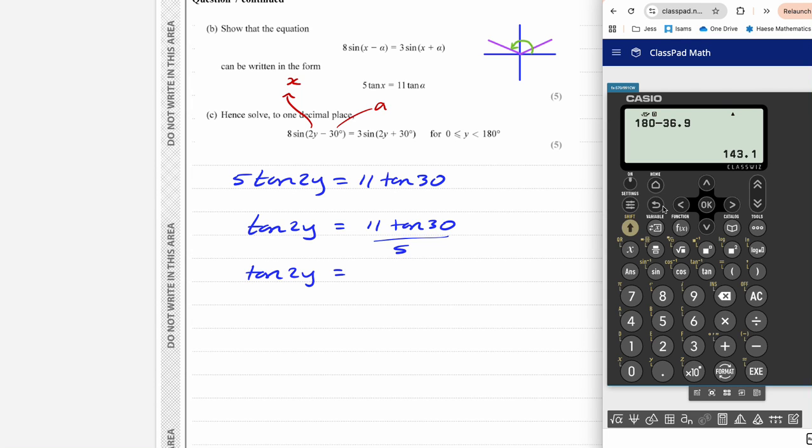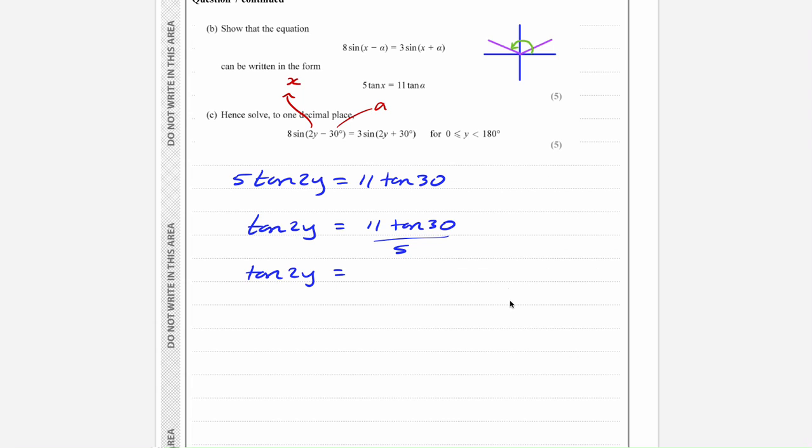That is 11 times tan 30 divided by 5, which is this as a decimal, 1.27017. And we're going between 0 and 180.